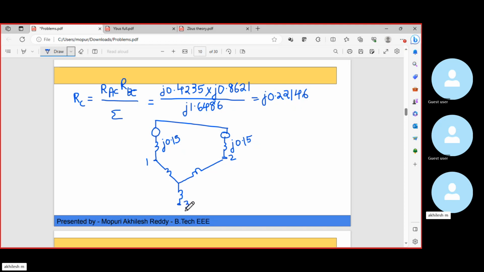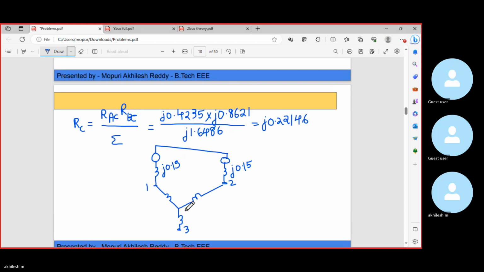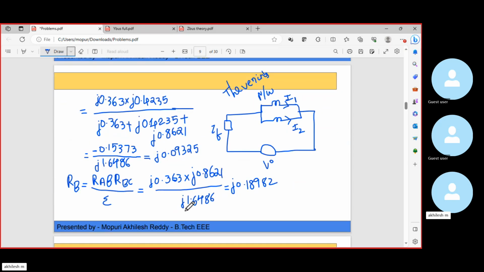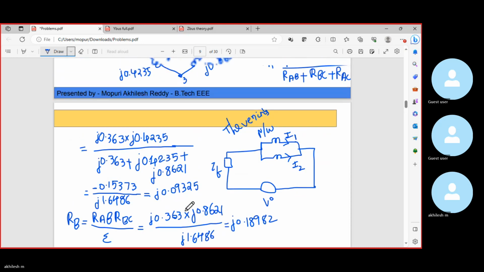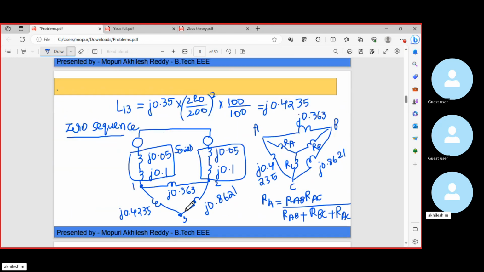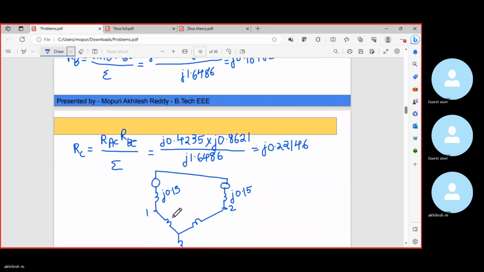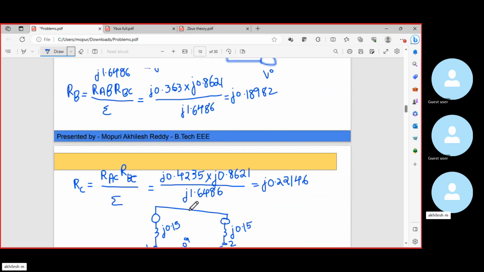This is the third bus bar. So here, RA is nothing but 0.0985.